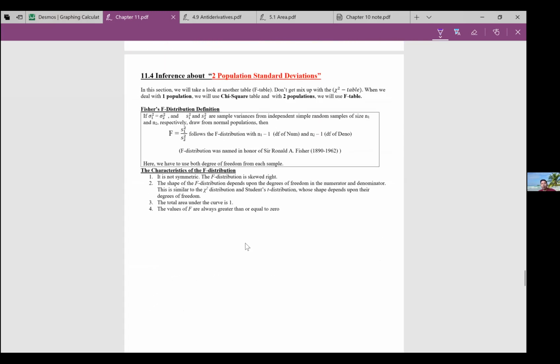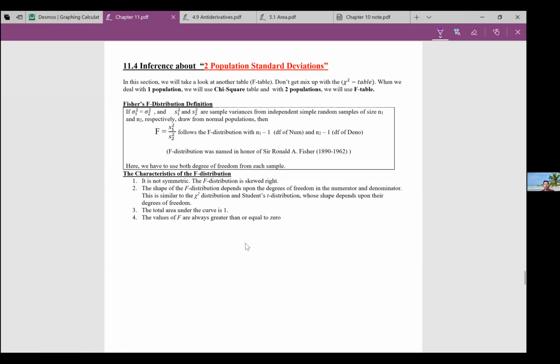And 11.4. All right, so we focus on inference about two population standard deviations. For this, we are going to use the F distribution table.